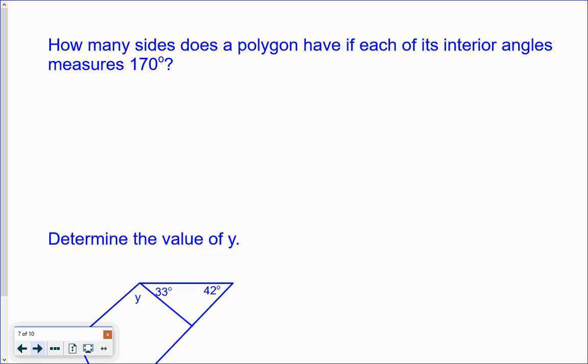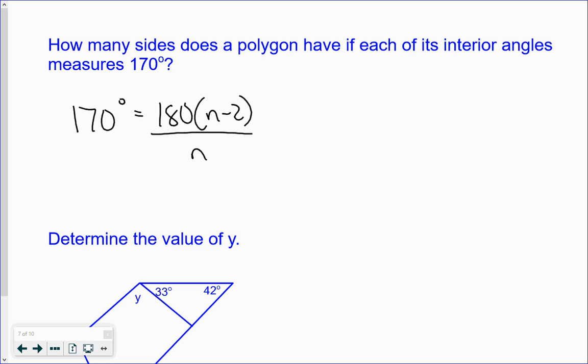So it says, how many sides does a polygon have if each of its interior angles measures 170 degrees? So I've got 170 degrees equals 180 times n minus 2 divided by n. And you're looking for the number of sides.